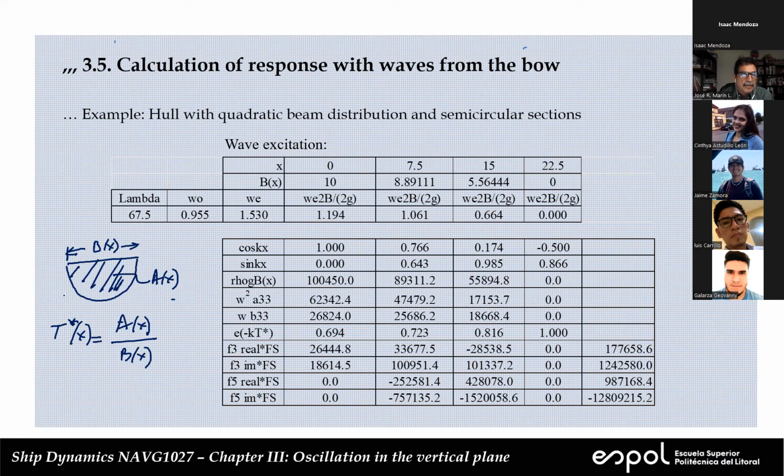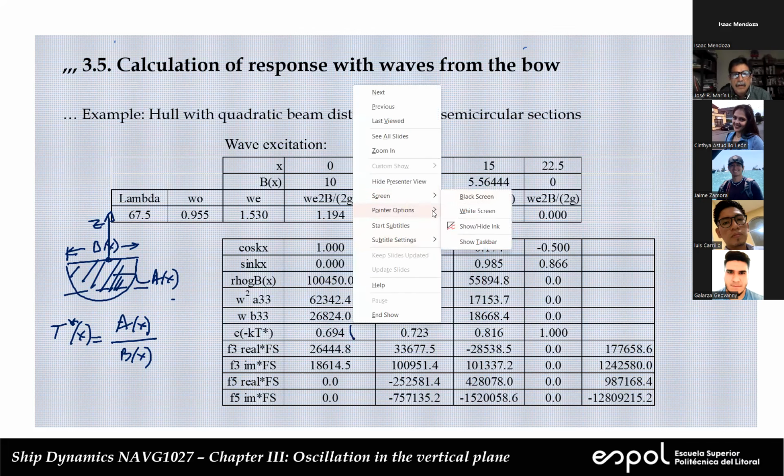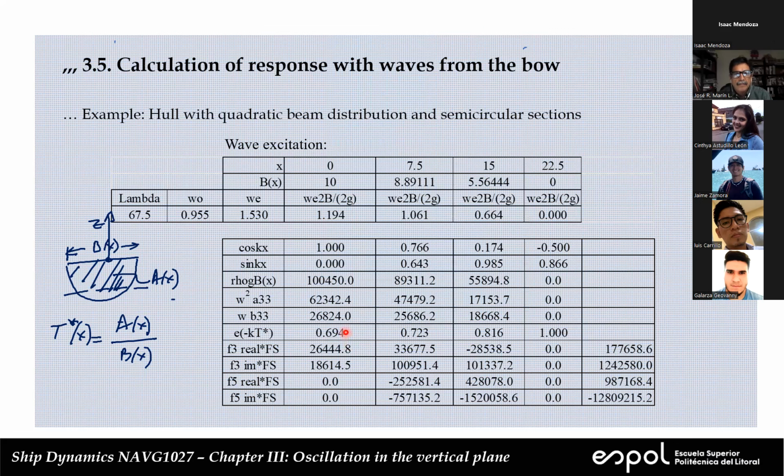But since this is Z positive, this value is negative, and that's what we see here: a value less than 1, because we raised the exponent to the negative power. Finally here, since there is no beam, T star is 0, so e to the minus 0 is 1. That's why we have 1 here.